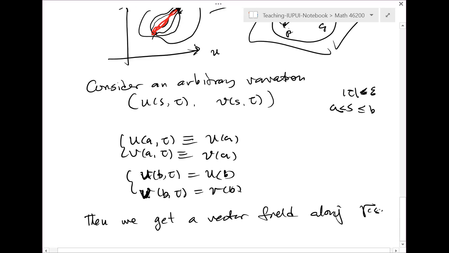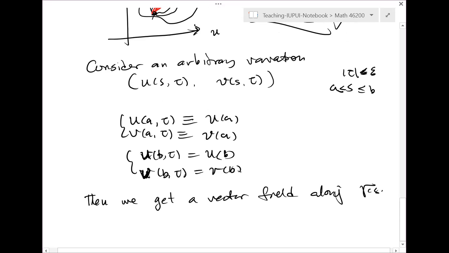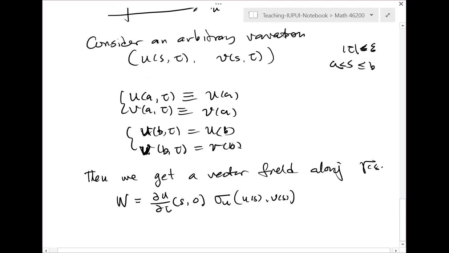How can I define it? I call it W. It is defined using the derivative of sigma(u(s, tau), v(s, tau)) with respect to tau.